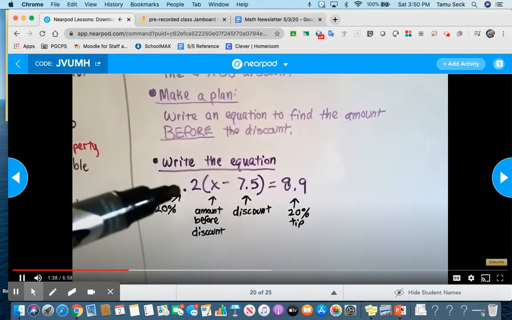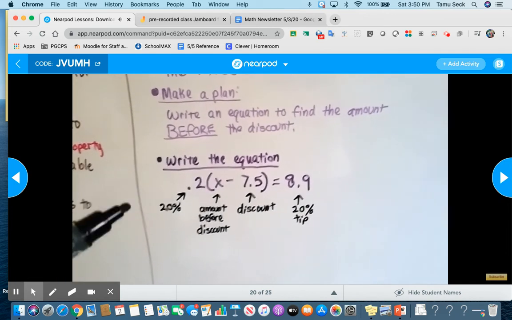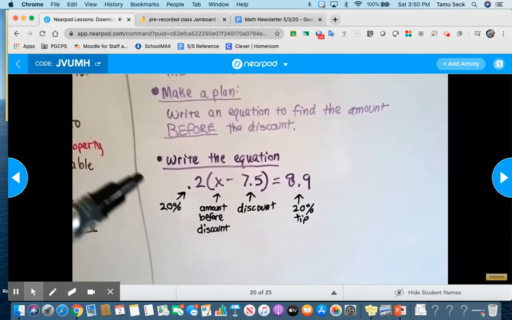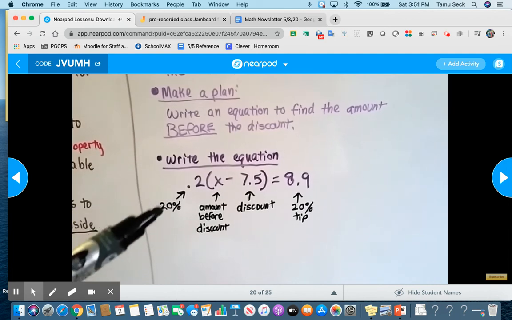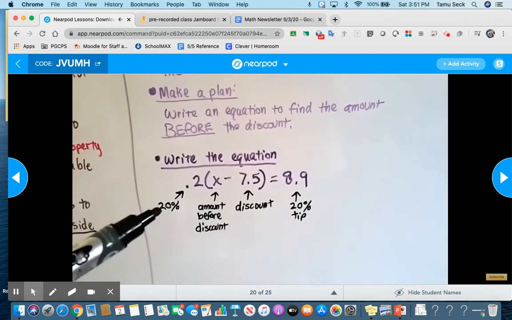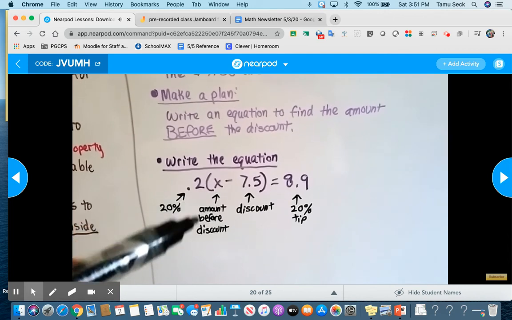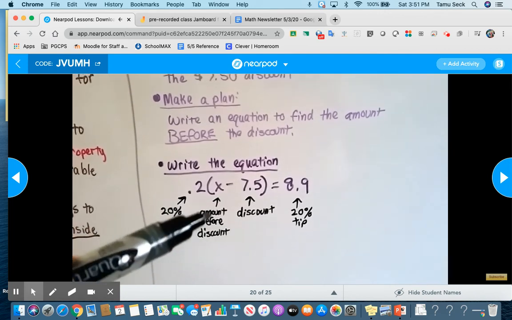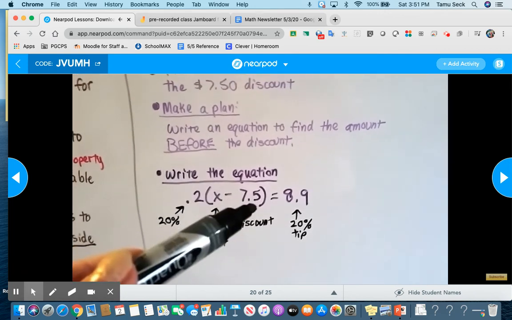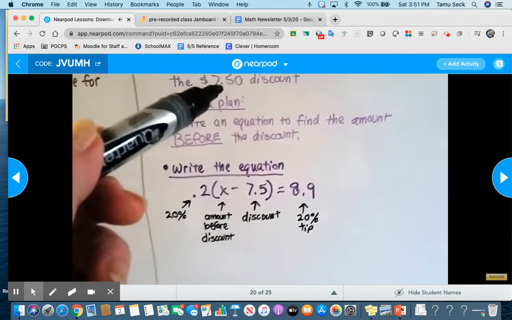This is the 20%, the 0.2, because 20% is 0.20. It's 1/5 of a dollar. It's 20 cents of a dollar. So 0.2 is going to represent the 20%. The x is that amount before the discount that we're trying to find. The 7.5 is the $7.50 discount.